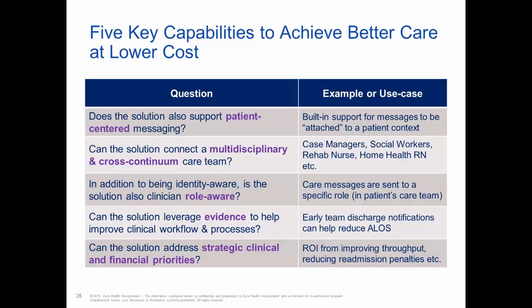Without that, you will be shooting darts in the dark, blindfolded, and it's at best a crapshoot to try and achieve a particular outcome. If you have all of these, then we can strongly say that the solution can address not just the strategic clinical priorities for the organization, but also their financial priorities. Because, as I mentioned, for it to be sustainable, not only do we have to help deliver better care, but we have to improve the cost of delivering that care as well.